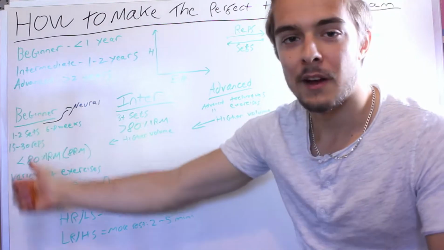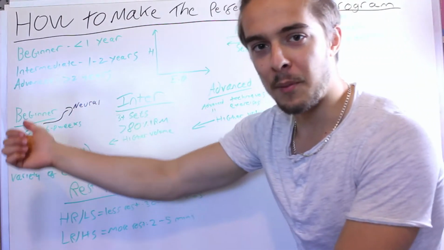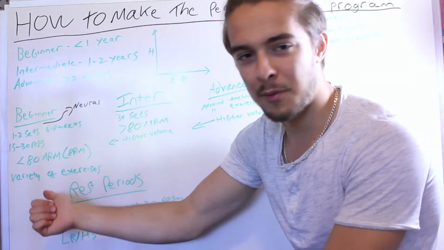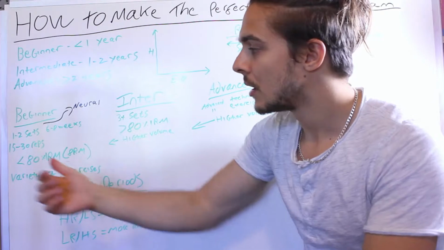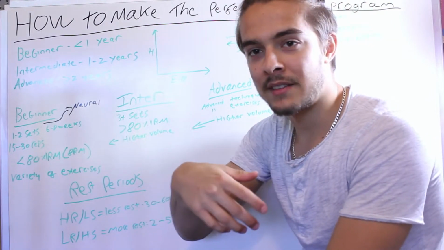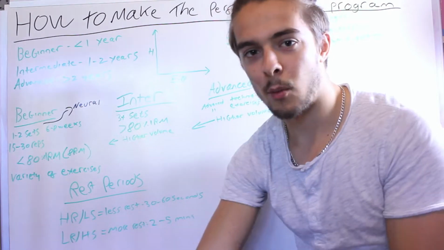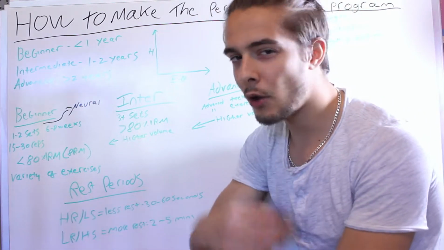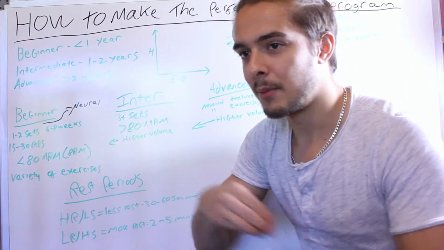So I've broken it up into the categories of beginner, intermediate, advanced. For the beginner, it's more information to take home because there's more risk of injury. For the beginner who it's their first time in the gym or first time working out, they don't need much volume to cause a progression.